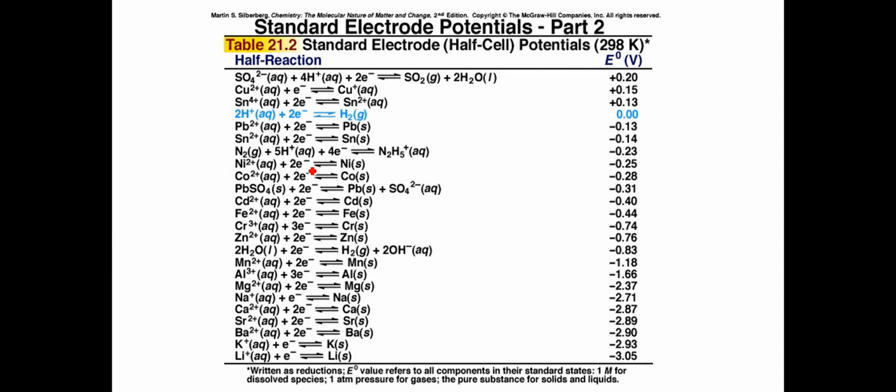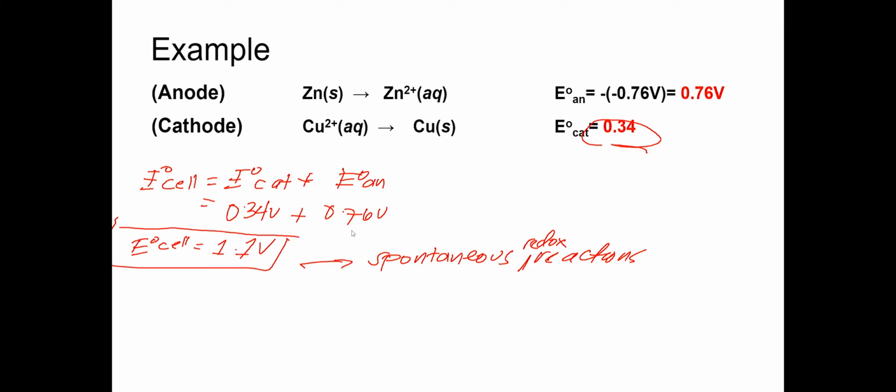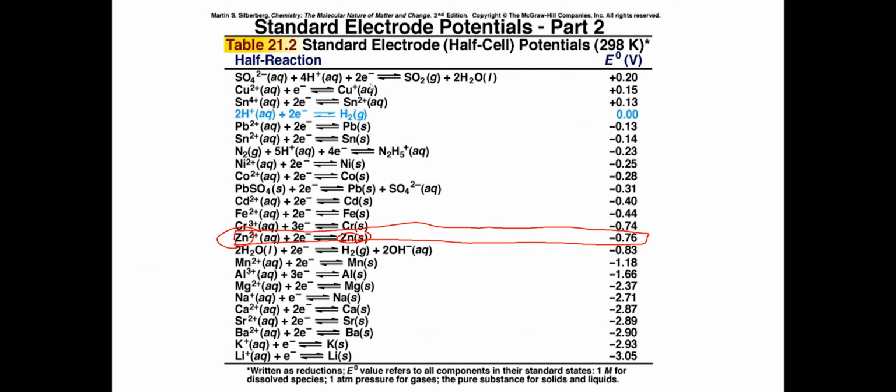And tingnan natin tong isa, yung zinc. We have here the zinc 2+ on the reactant. So, the reaction goes like zinc 2+ tapos naging zinc solid. Kaya nga lang, if we look at the equation, it comes from the zinc solid, then zinc 2+. Kung mapapansin nyo, di ba baliktad? Baliktad siya.